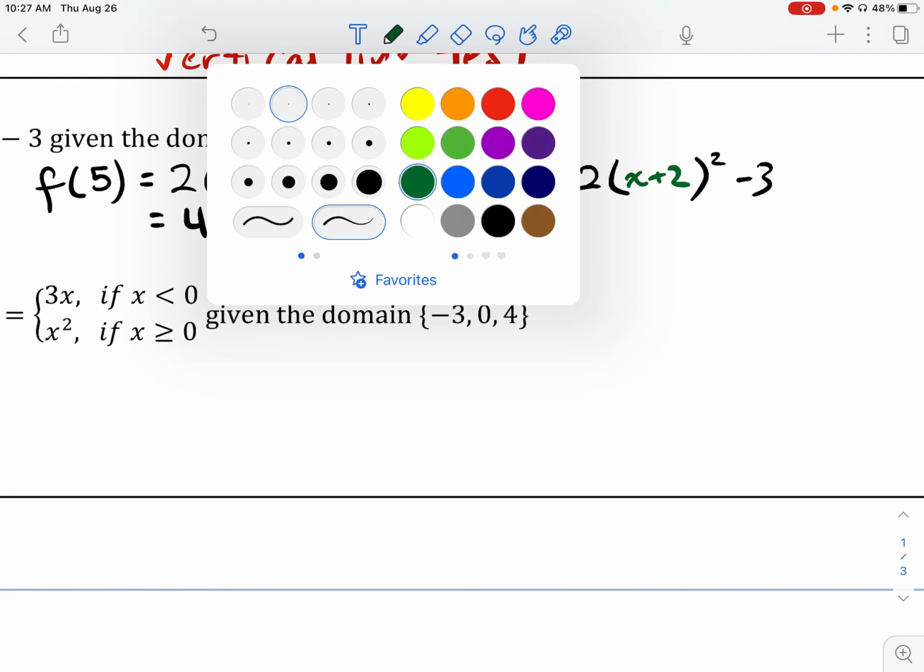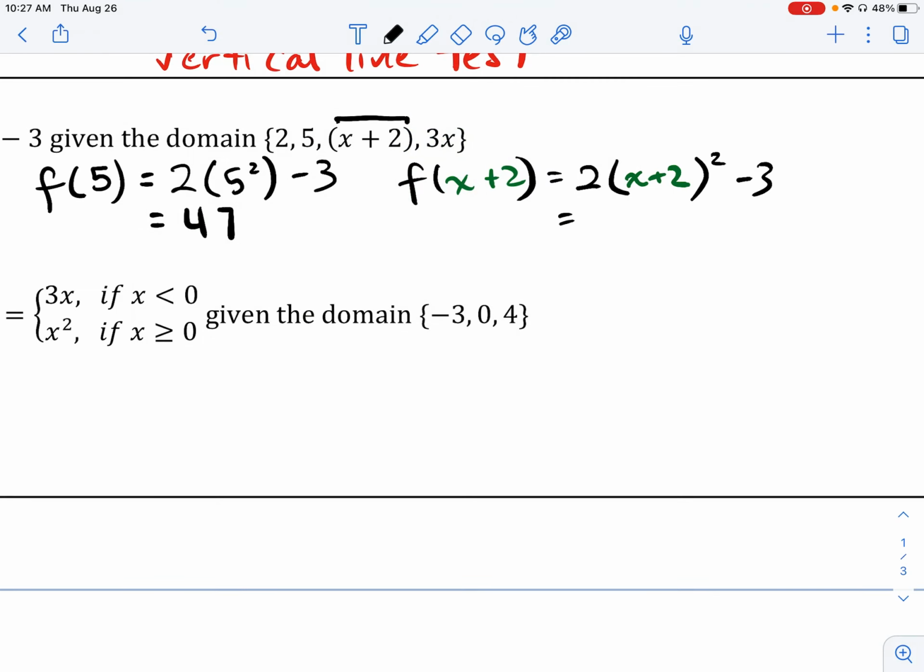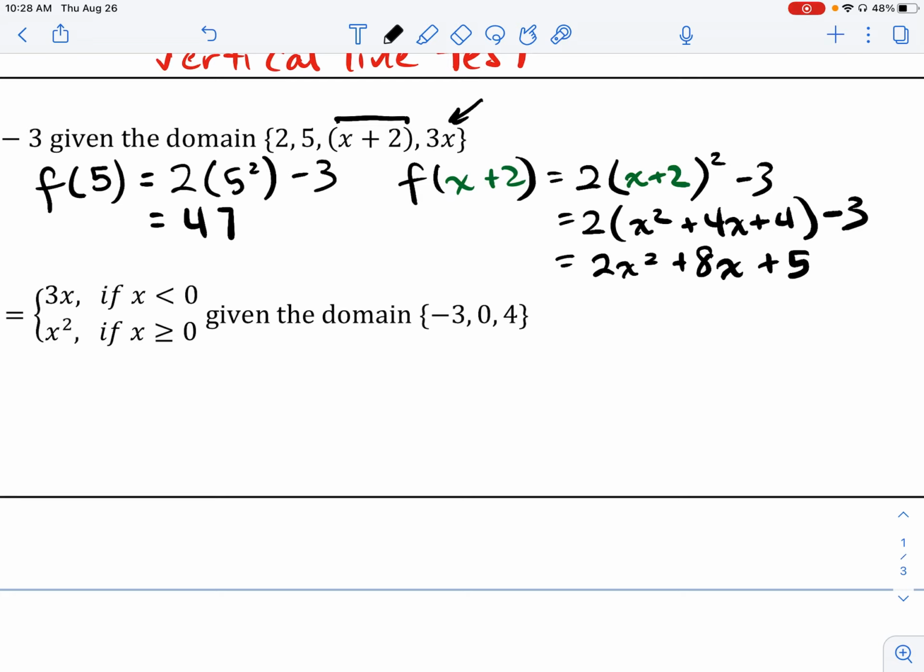That's what we're plugging in to our function. So this is going to be 2 times x squared plus 4x plus 4 minus 3. We're going to combine like terms: 2x squared plus 8x, 2 times 4 gives you 8, minus 3, which is plus 5. Okay? And I'm going to let you try f of 3x on your own.